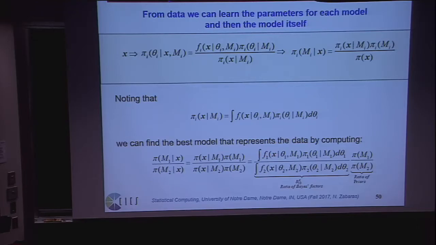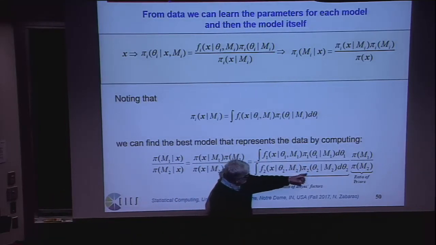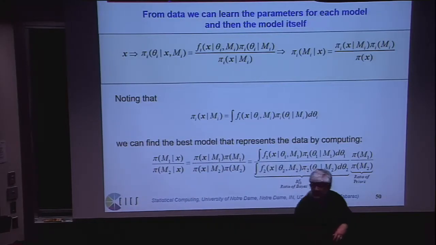So obviously these are integrals, right? And they are integrals with respect to these priors. So effectively, you can see the numerator as being the expectation under this prior of this function, and similarly here, so you can use Monte Carlo to do that, okay? And I'm guiding you in the homework on how to do this.